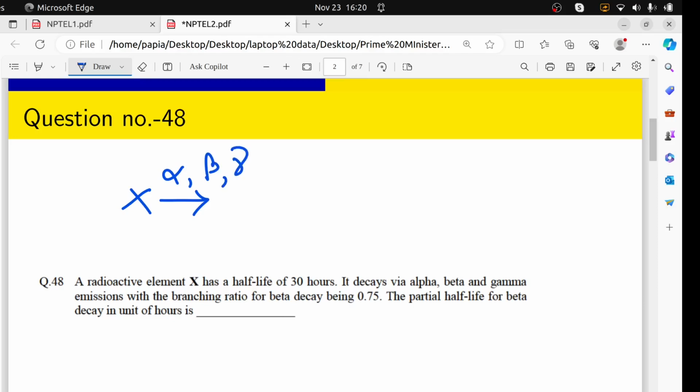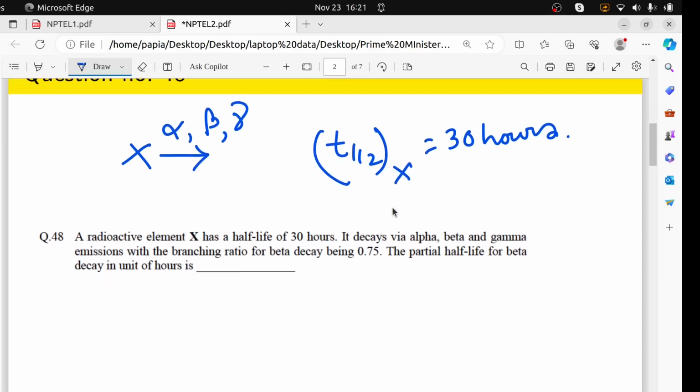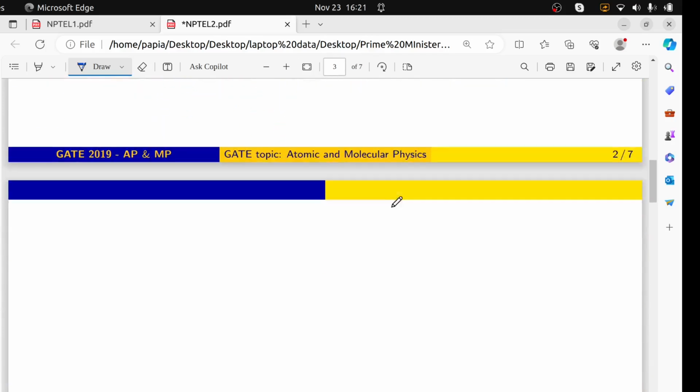Okay, and it has the half-life as 30 hours. And also it has given that the branching ratio for beta decay is 0.75. And they are asking what will be the partial half-life for beta decay. So now what is branching ratio?